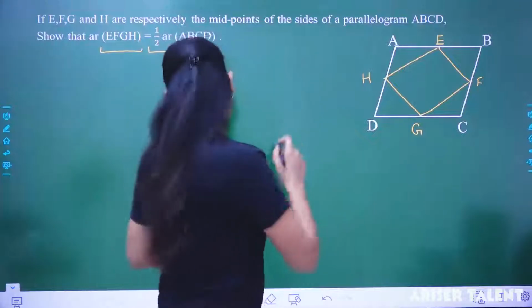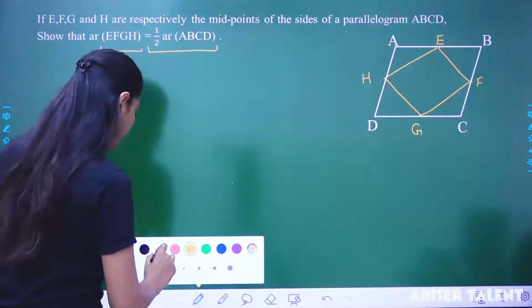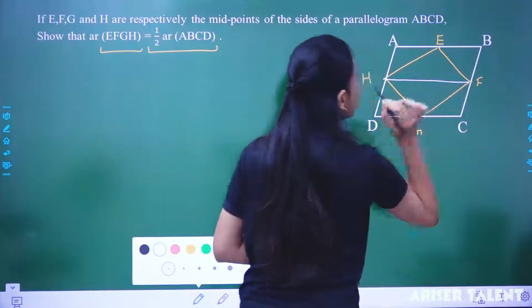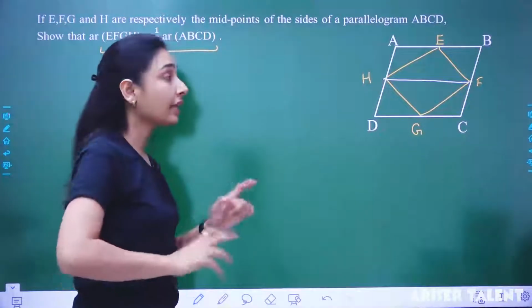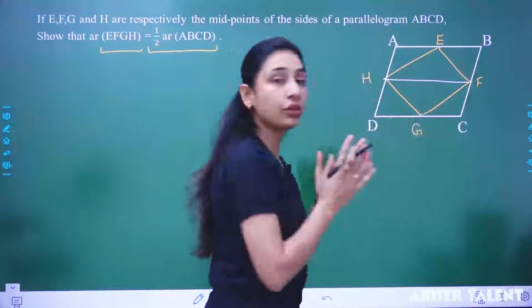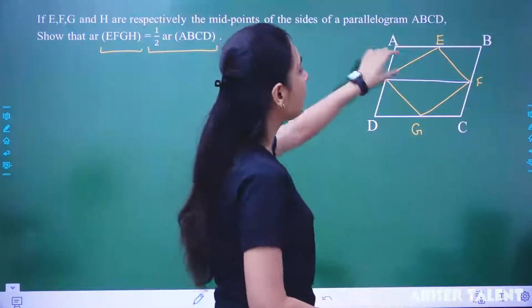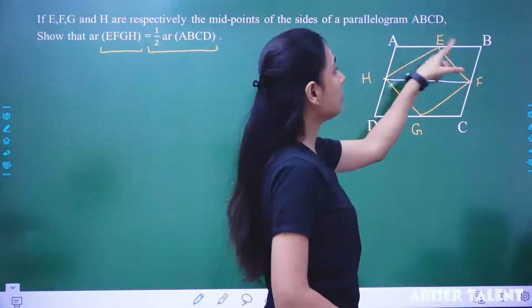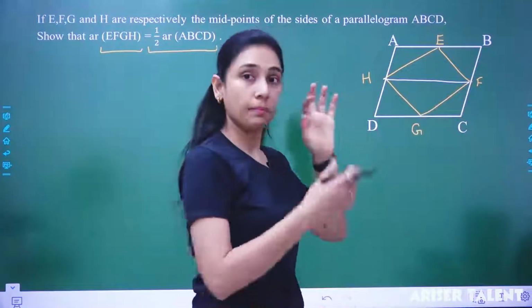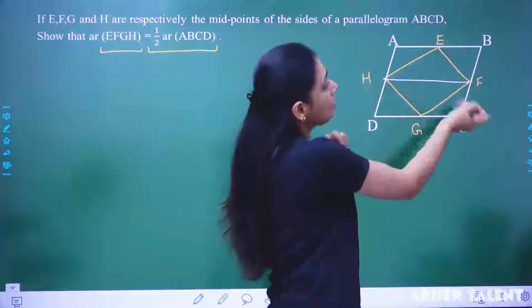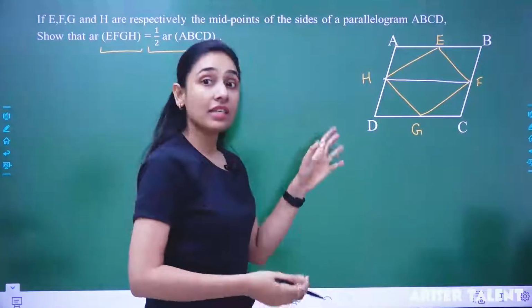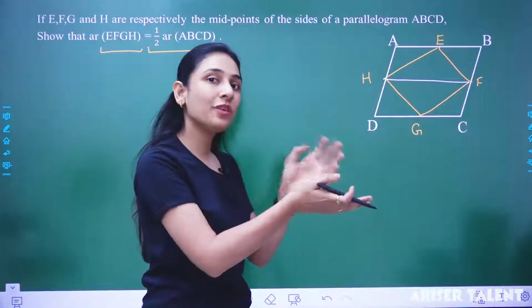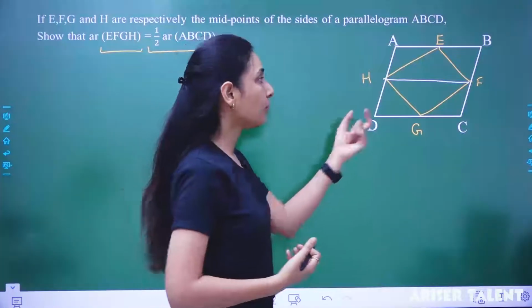Then, as a construction, we'll join H to F. Then we'll have two parallel lines, AB and HF, and we have the parallelogram ABFH. On the same base, we have the triangle EFH and the parallelogram, so we'll use the area theorem for them.